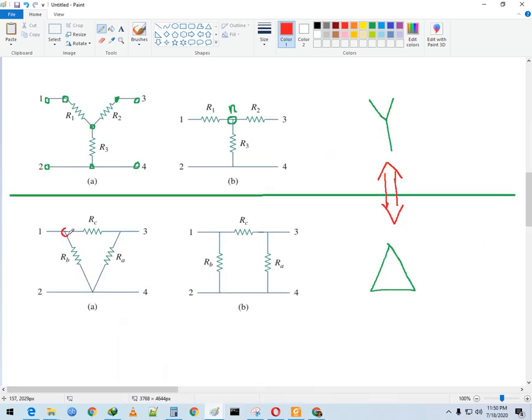So here we have 3 different elements that are connected to each other: X, Y, and node B.